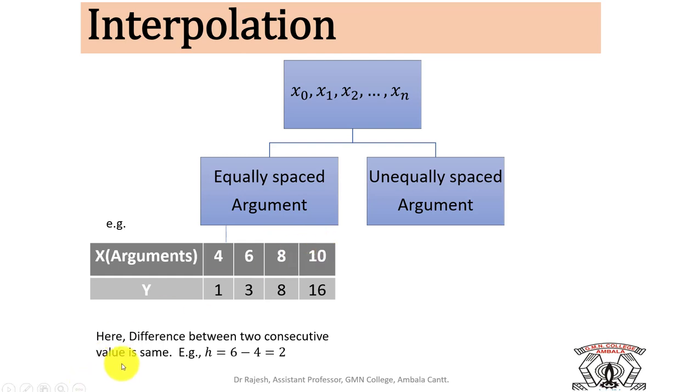So the difference between two consecutive values is the same, like 6 minus 4 is 2. The difference between every two consecutive values is equal, and hence these are equally spaced arguments.